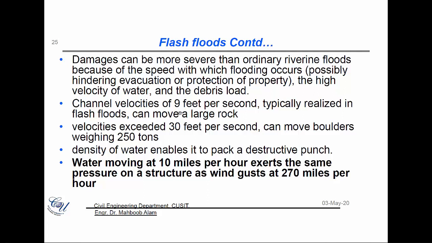You see, just a velocity of 9 feet per second can move a large rock, and if you exceed it to 30 feet per second, then it can even move large boulders weighing around 250 tons. So the force that comes with flash floods or with higher velocities is quite a lot.